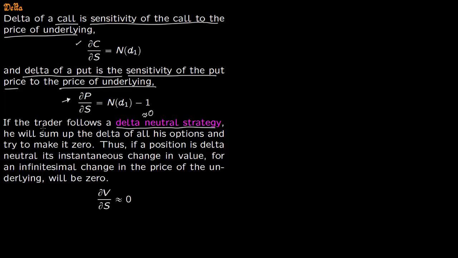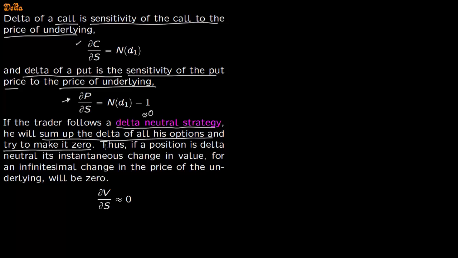So say on ABC Corporation he has bought a call, on Delta Corporation he has bought a put, on BCD Corporation he has bought a butterfly, and so on. So the trader will find delta for each and every one of his call and put options. Then he will sum up the delta of all his options and will try to make it 0.